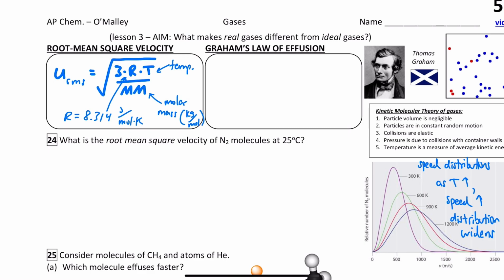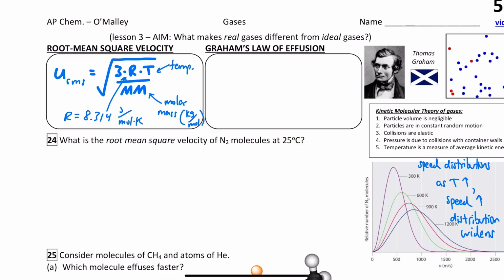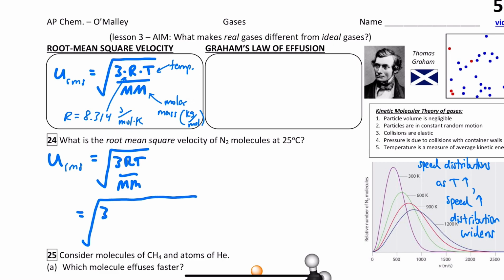Let's actually use this equation right now and calculate the root mean square speed of nitrogen molecules at a certain temperature. So I'm just going to start by copying this equation, U RMS is equal to the square root of 3RT over MM, and we'll substitute and solve. So radical 3 times 8.314 joule per mole Kelvin.